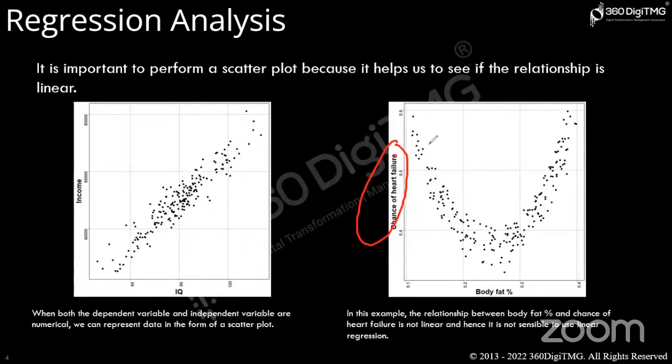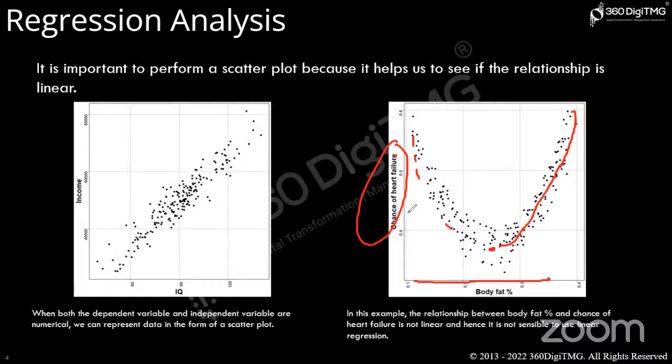If your body fat keeps decreasing, at one point it will reach a minimum, and the heart failure chances increase. When you increase the body fat, in that case it will again start increasing.